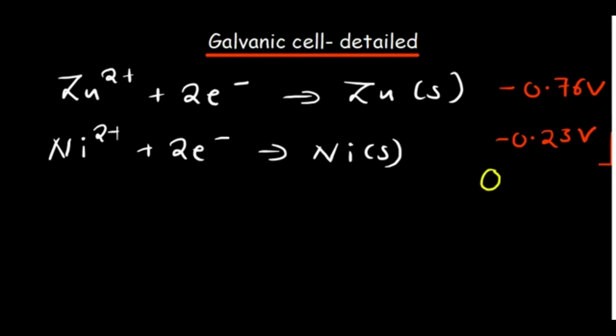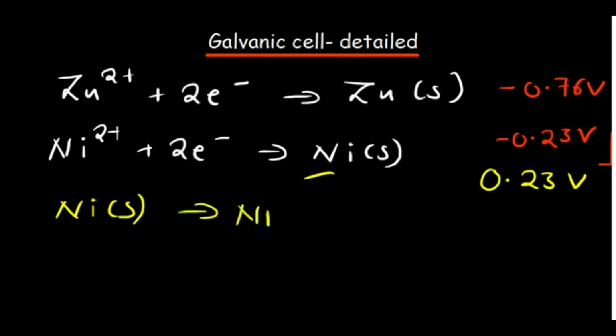It's going to be positive 0.23 volts, and that would mean that this will now become our reactant, and our reactant will become our product. Then we'll have our two electrons there. So this is now an oxidation reaction, and you've noticed I've changed the reduction potential, it has become positive. Now, is it feasible?